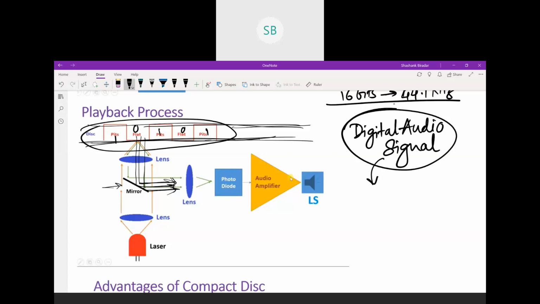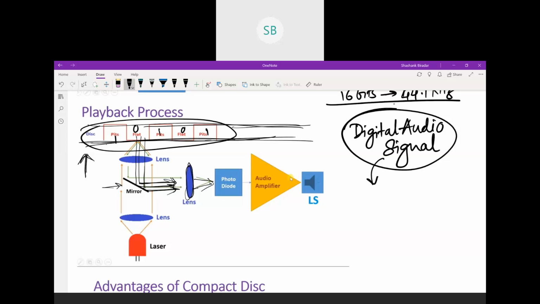So these optical rays are concentrated on some detector, because this is a physical phenomenon, am I right? The data is present in the form of pits and flats. So laser light is used to read whether it is a 1 or 0. In accordance with that the laser light is reflected.